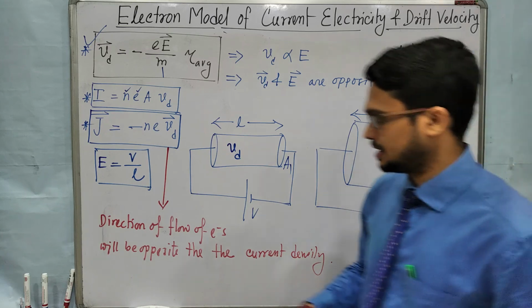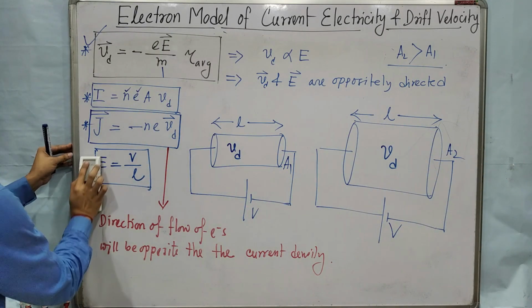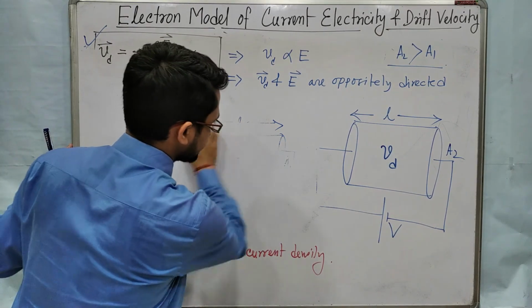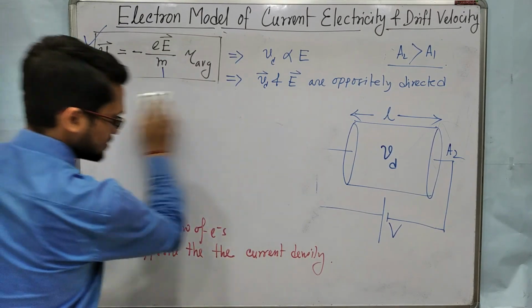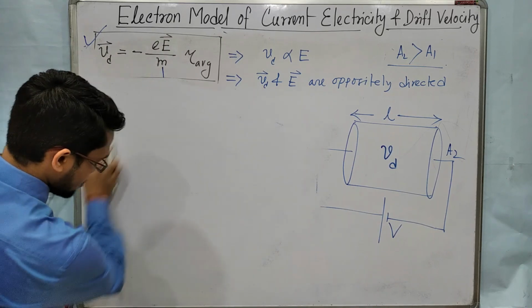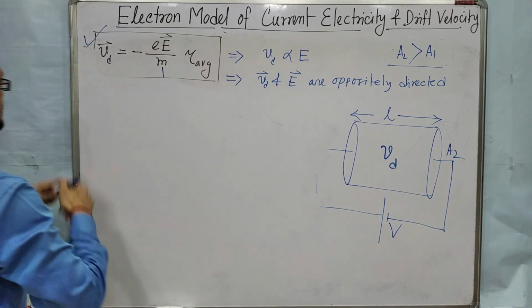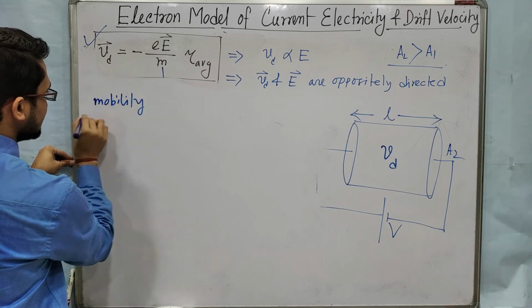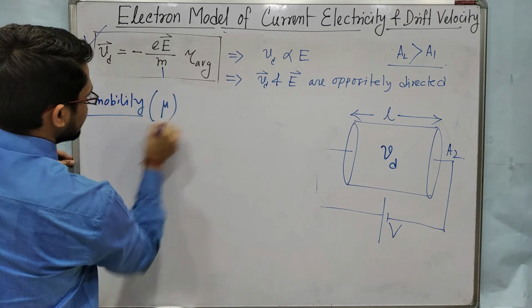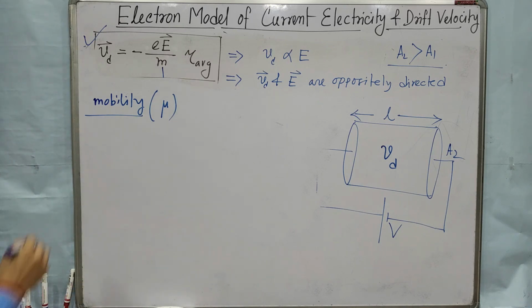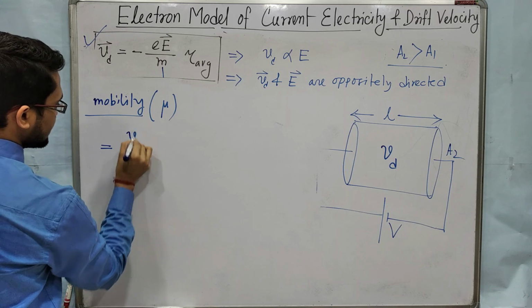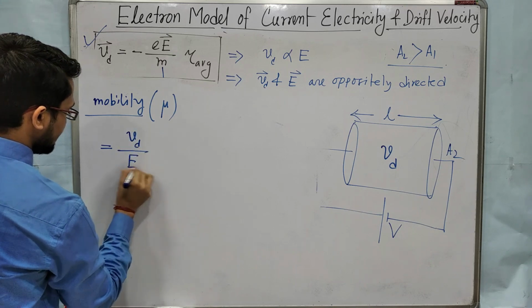Another term that I am telling in this lecture is mobility. I am just defining that term. Mobility of free electrons is denoted by mu. Mobility is the drift velocity per unit electric field.